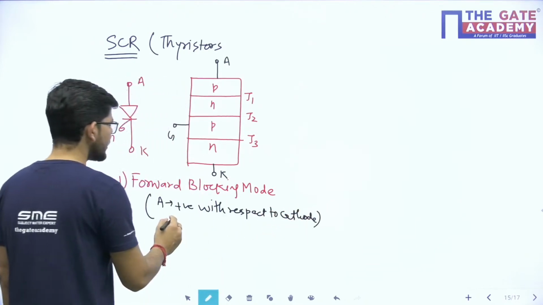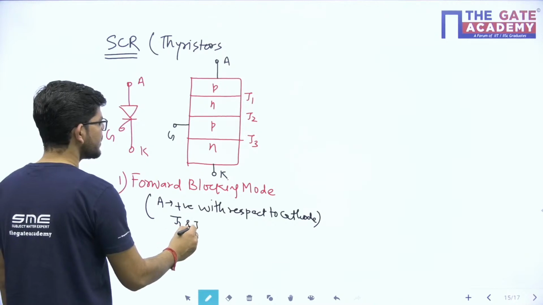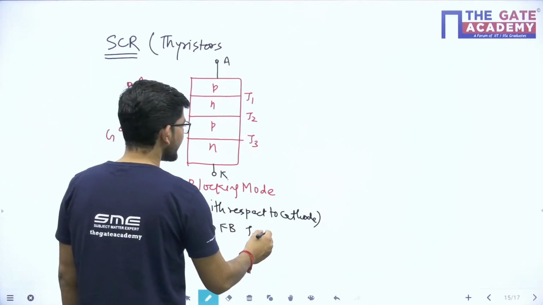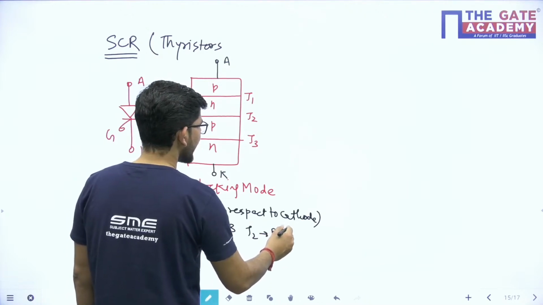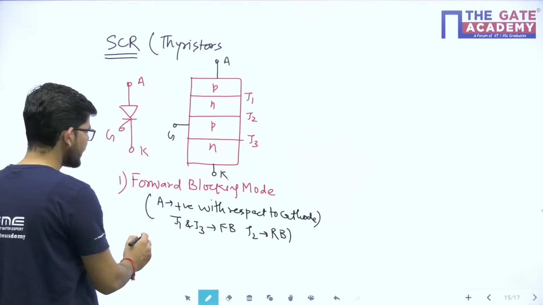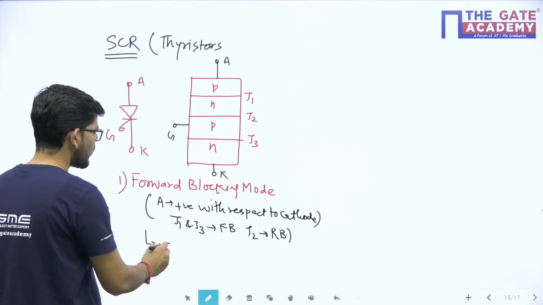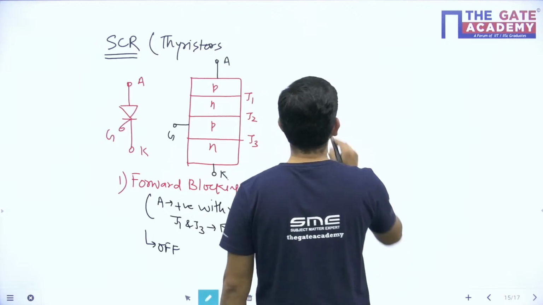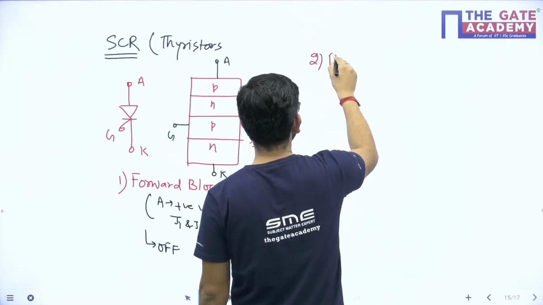Anode is positive with respect to cathode. J1 and J3 are forward biased, J2 is reverse biased, and the device status is off.